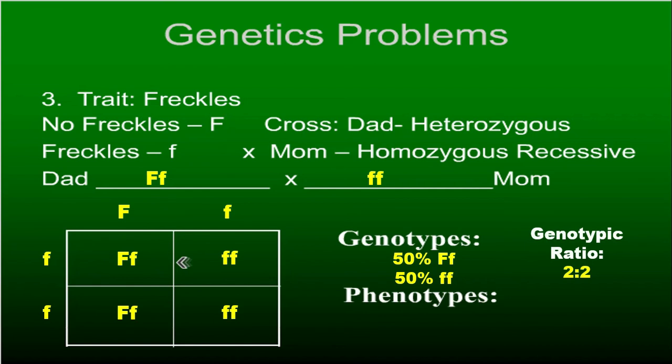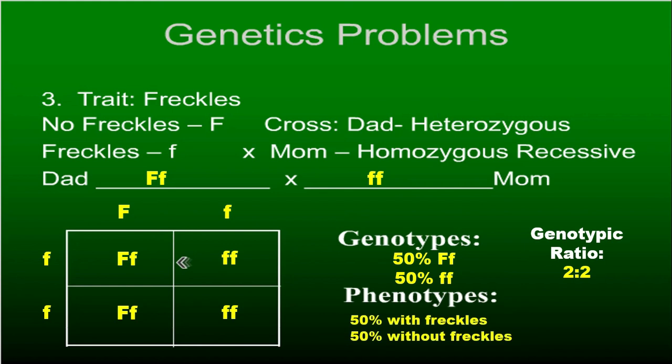As for the genotypic ratio, two of the boxes are written in one capital letter and one small letter, and two are written in both small letters. Okay, so making it 2:2 as for the genotypic ratio.